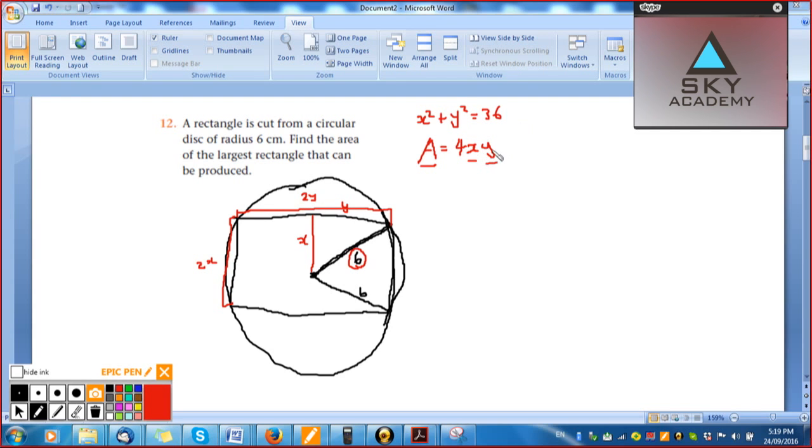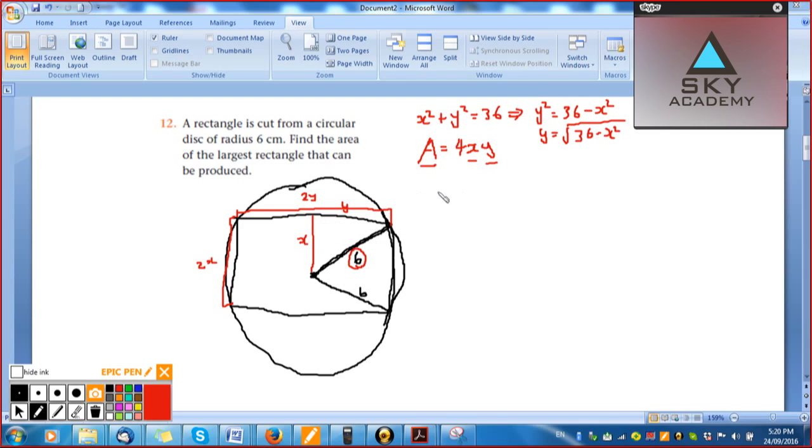Doesn't matter which one. Let's get rid of y, so let's make y the subject of the formula. y squared is equal to 36 minus x squared, so y is going to be equal to the square root of 36 minus x squared. Now, why is it positive and not negative? Well, because we're dealing with a length, so it can't be the negative value. Does that make sense?